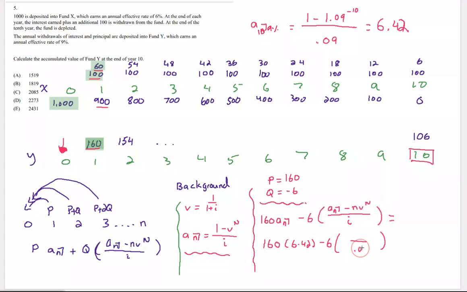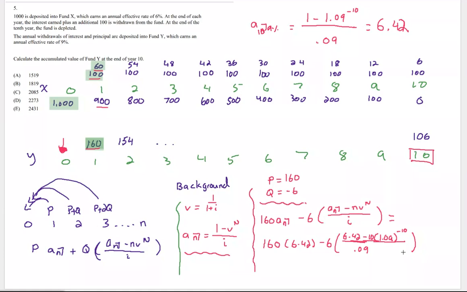The denominator is going to be 0.09, right? I again get 6.42 minus, now it's going to be 10. v is going to be, run out of room here, v is going to be 1.09 to the -10. Okay, great. So let's go ahead and do that.